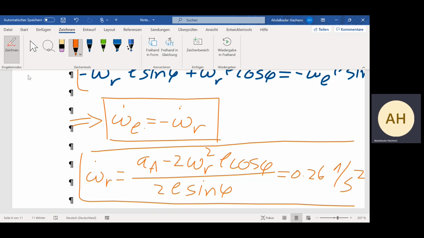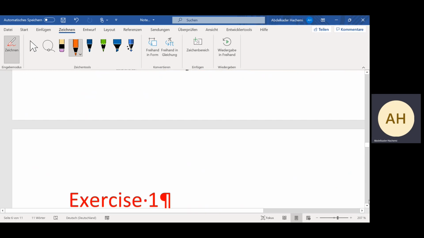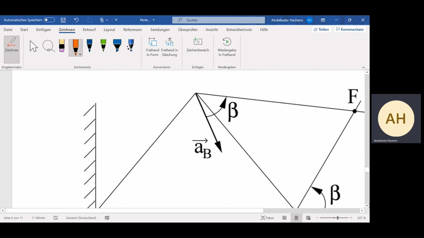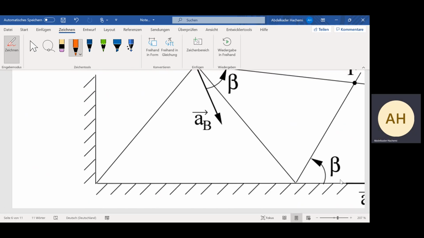Now coming to the fourth question, the instantaneous center of acceleration. Then we have here EA.